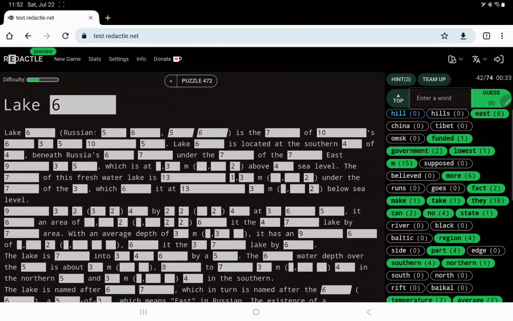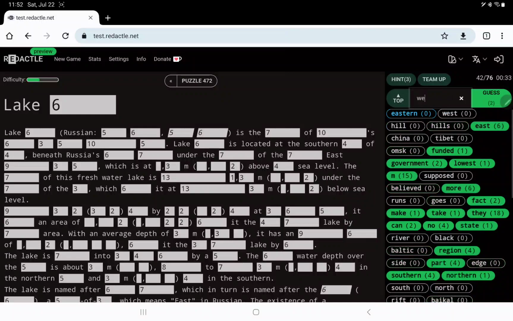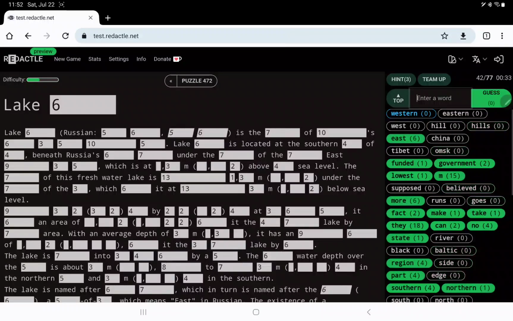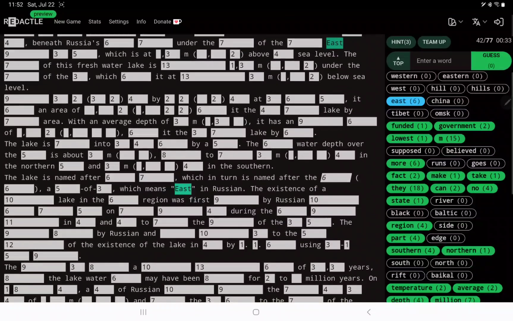My goodness. Okay, let's do west. No. Eastern. Western. No, let's look at my easts. Oh, look at this. Okay, named after the 6, a 5 of 3, which means east in Russian.